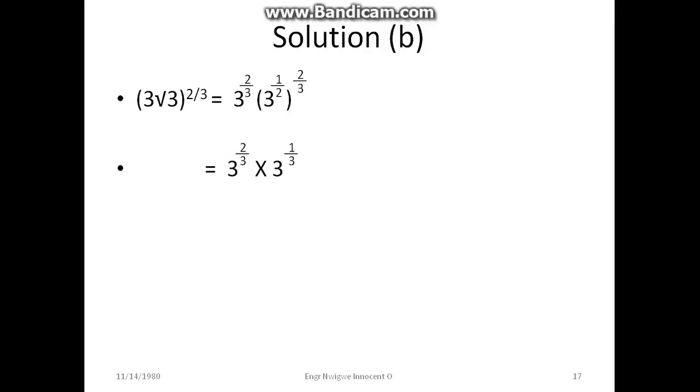Therefore 2 over 3 plus 1 over 3 will give us 3 raised to power 1, because 3 is the LCM of 2 over 3 plus 1 over 3. So if you have their LCM as 3, therefore 2 plus 1 is 3. So 3 over 3 will give us 1. Therefore the answer to the question is 3.